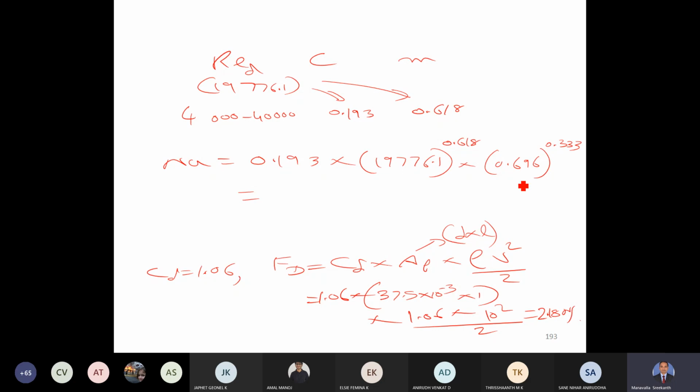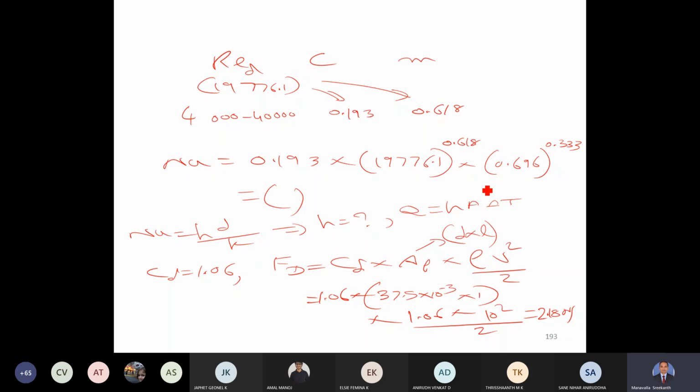The Nusselt number, you can evaluate this value, find it out, and then use it in Nusselt. Nusselt is equal to HD by K. So find out the value of H and use that H value in Q is equal to HA delta T. Okay, so you can complete that calculation.